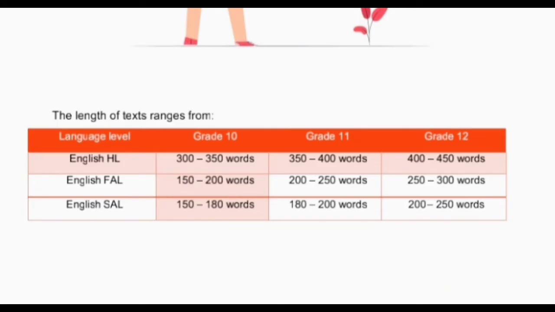Then we move forward. In grade 11, they will ask you to write 180 words to 200. Then in grade 12, on English SAL, which is Second Additional Language, they will ask you to write 200 words to 250 words.